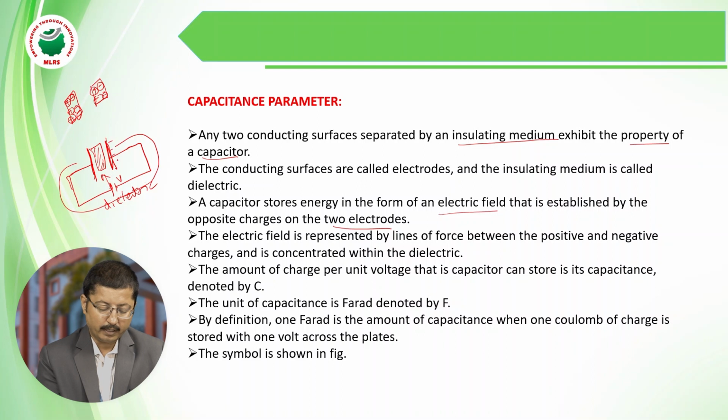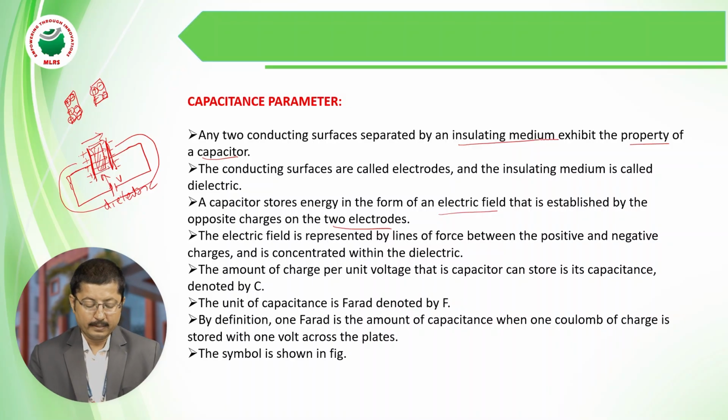All the negative electrons will be accumulated here, and over a period of time all the positive charges are accumulated on the other plate. Then an electric potential, or electric field, will be created between these two plates. These are the electric field lines. That's why the capacitor stores the energy in the form of an electric field, established by the opposite charges of the two electrodes.